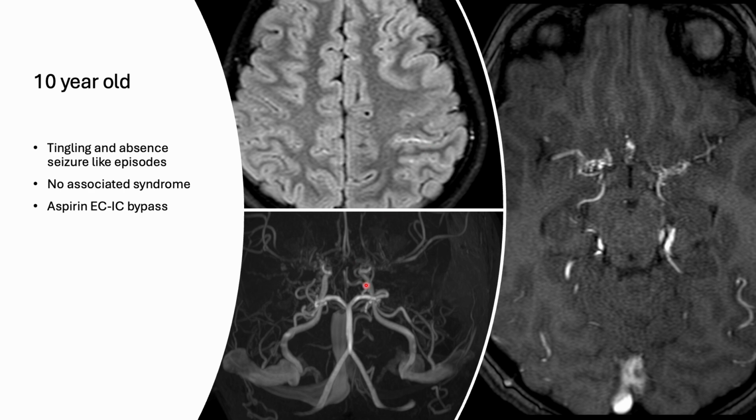You can also see on both the reconstructed images as well as the axial slabs that there is a progressive occlusion of the ICA and its distal branches, and you can see these collaterals which are formed, giving this puff of smoke appearance. Now, the name puff of smoke has its origins in the Japanese language, which essentially means a cloud-like appearance.